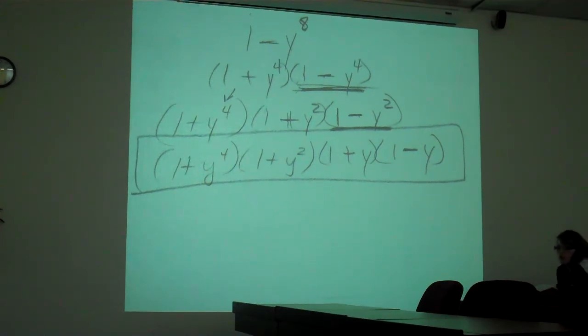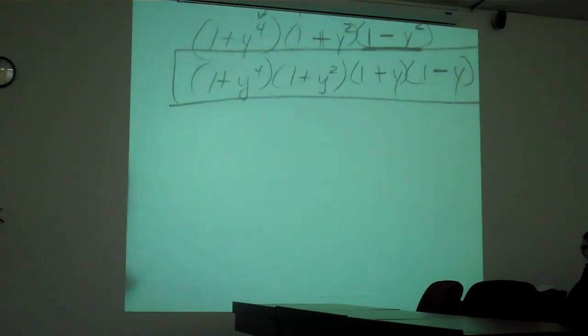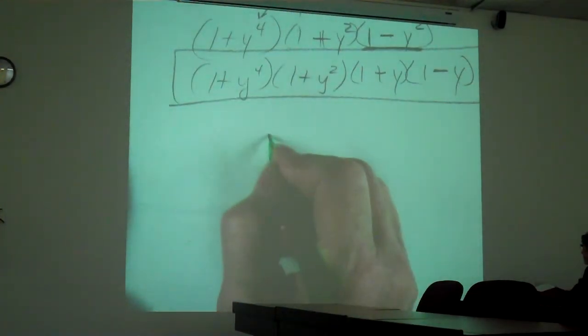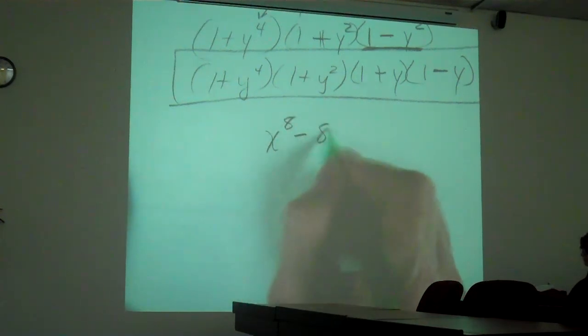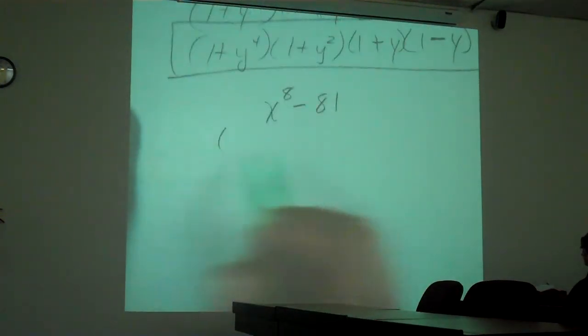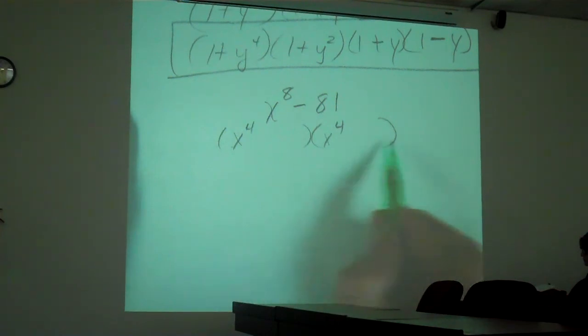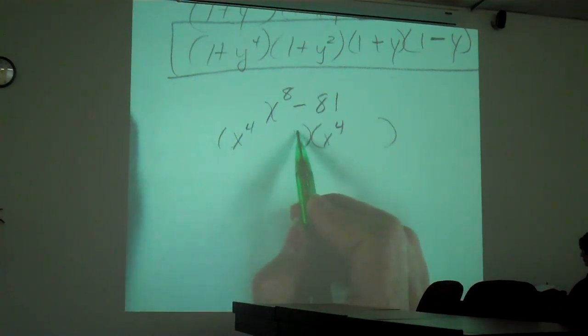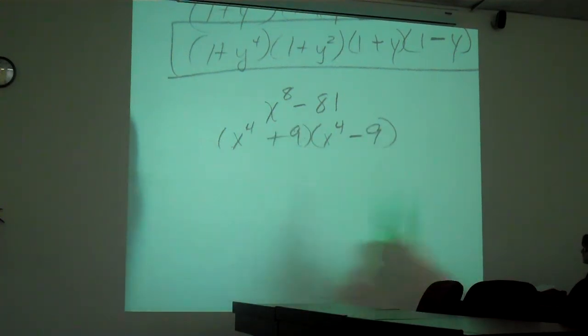Okay, let's do x to the 8th minus 81. First terms, x to the 4th. Second terms, 81 is what? 9 times 9. So we have a plus and minus. Do we have another perfect square?